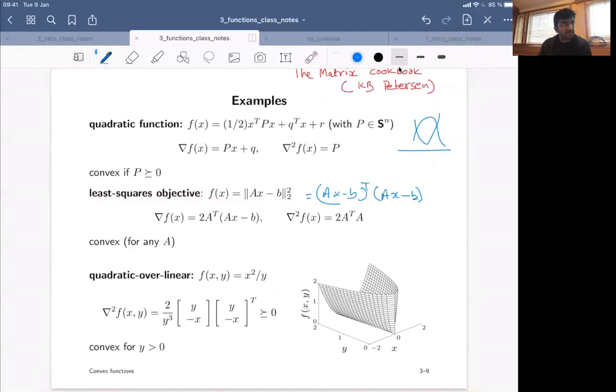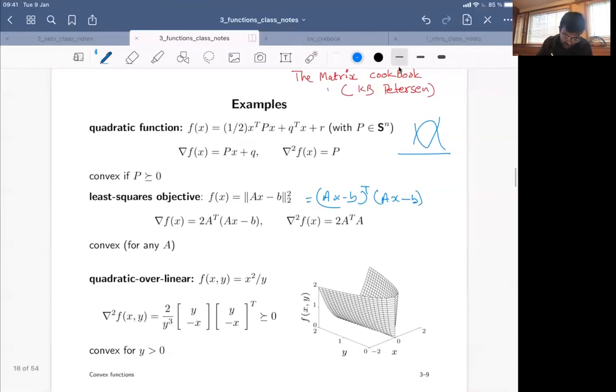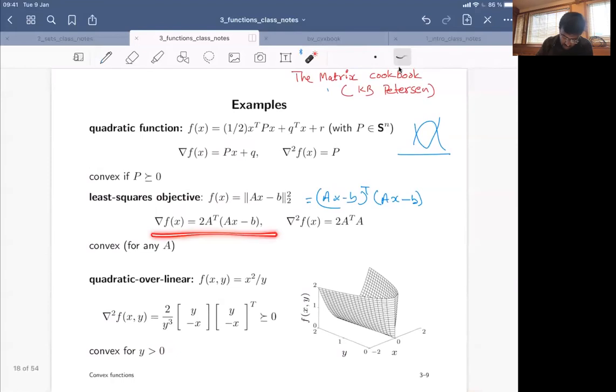Take the derivative, and if you're struggling, go to this book and refer to that. Sometimes I say derivative, but it should be understood as gradient. So here we have the gradient and here we have the Hessian. This matrix will always be positive semi-definite.